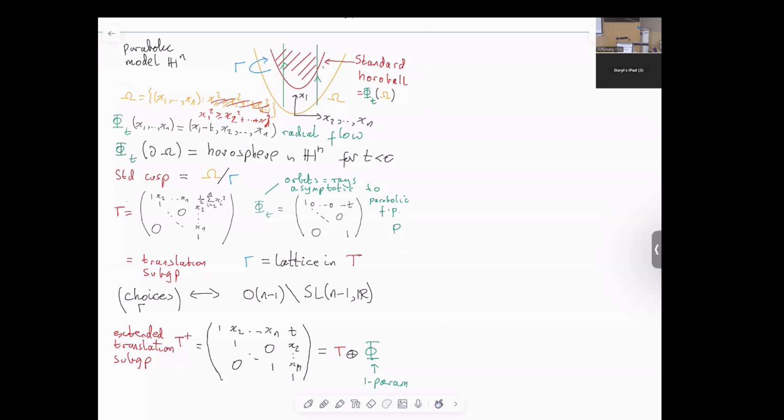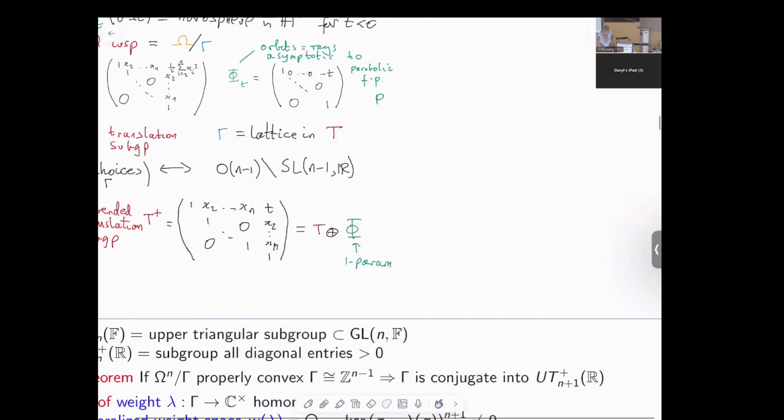And when you do that, you get something we call the extended translation group. So it's got a codimension 1 subgroup, which is the group of parabolics that preserve the domain. And then there's this extra one-dimensional group that is the parabolic flow. So this picture is going to get generalized when we talk about generalized cusps.